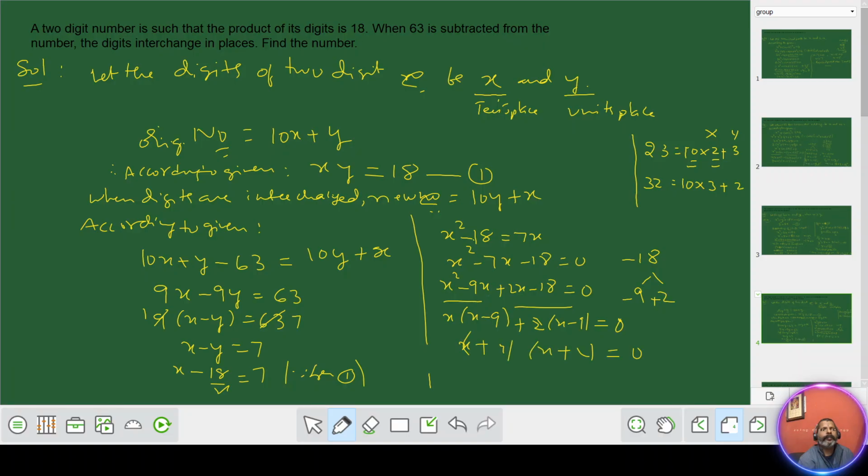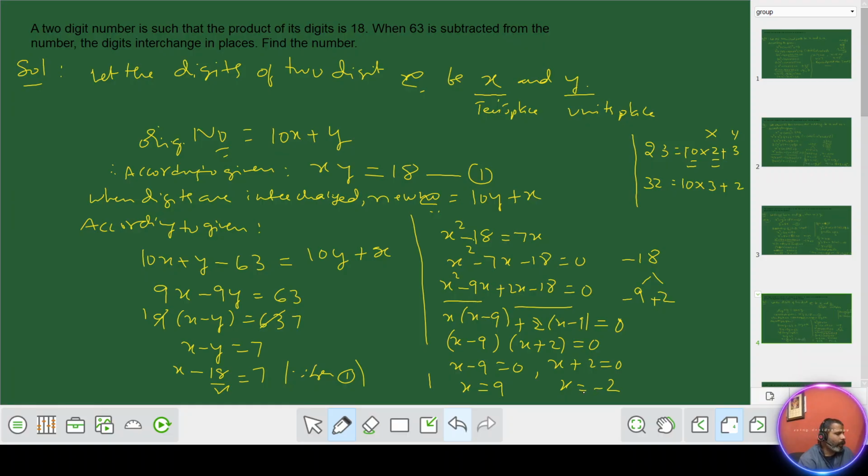It's not written properly because the pen is the problem. Rewrite it. x minus 9 of x plus 2 equal to 0. Equating each of them to 0, you get the x value. x plus 2 is 0 means x equal to minus 2.